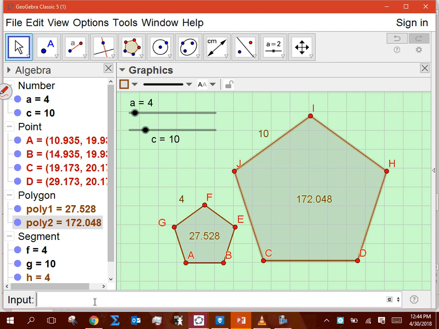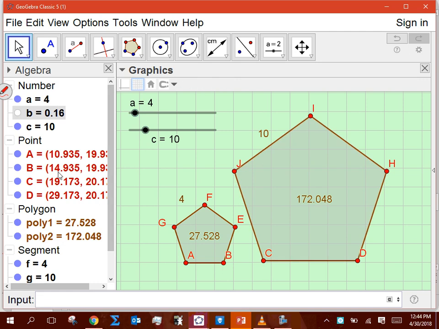So if I take poly 1, which is this 27.528 number, and divide it by poly 2, which is the 172.048 number, let's see what that gives me. It gives me 0.16. Well, I just compared that area to that area, right?